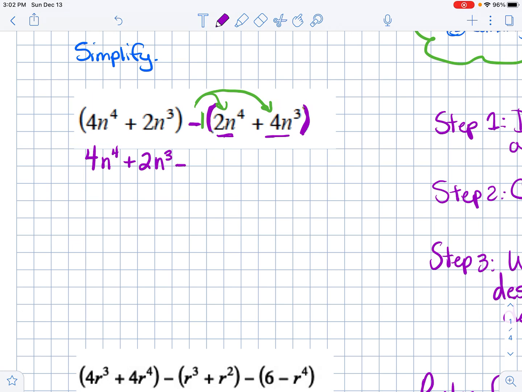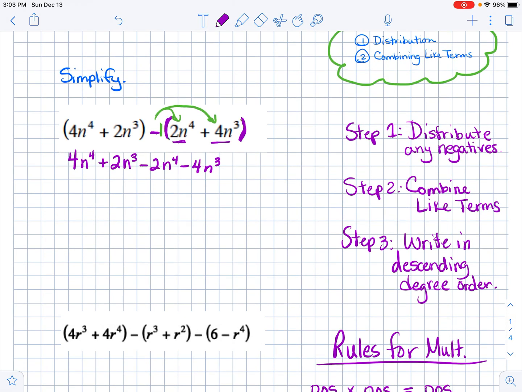So we're going to put minus 2n to the fourth. And then we're going to distribute the -1 to positive 4n to the third. So -1 times positive 4n to the third is going to be negative 4n to the third. And that negative is our minus, so minus 4n to the third.